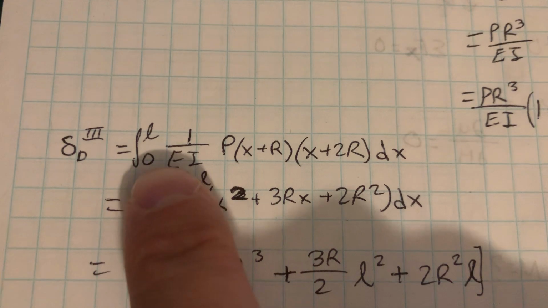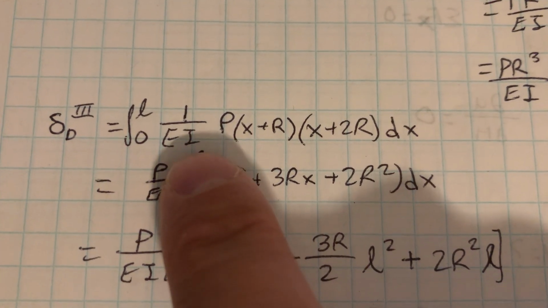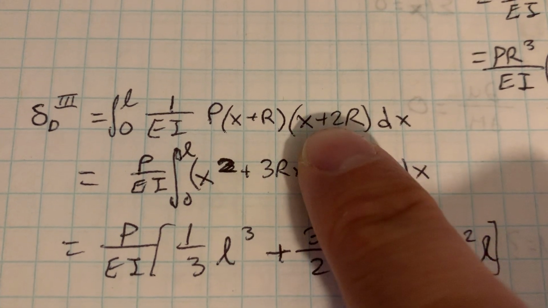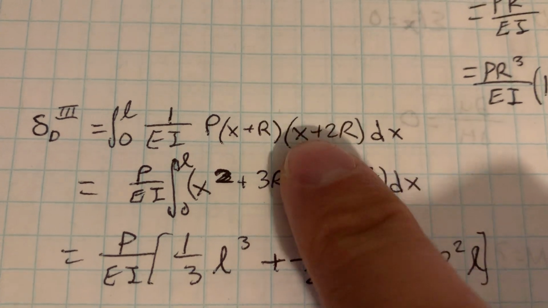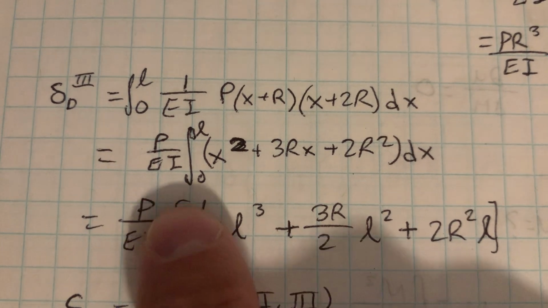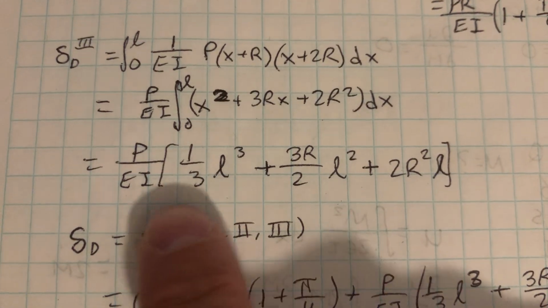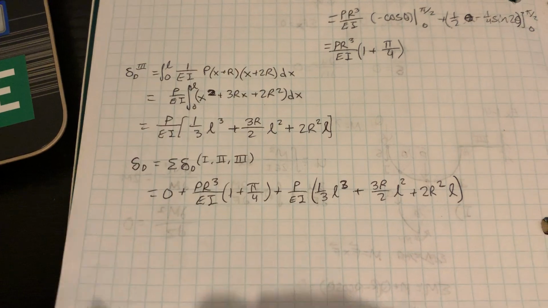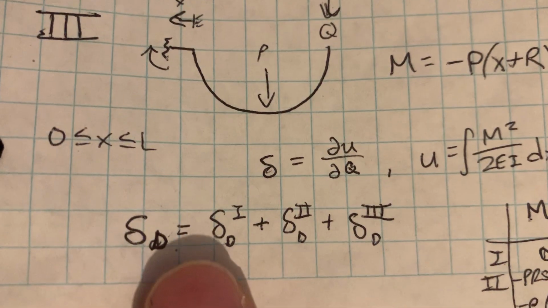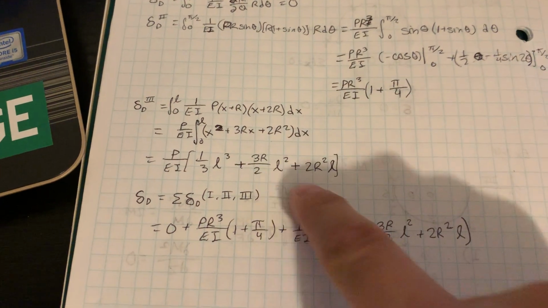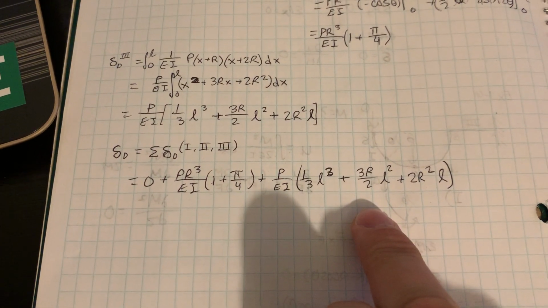So we say 0 to L, 1 over EI, the moment, P times (x plus R), times the derivative of the moment with respect to Q, (x plus 2R), dx. And then we solve this out. We get this for the third segment, and then we just sum our deflections here, as we did. We got 0 for that one. That's segment 2, segment 3, and boom, that's our total deflection.